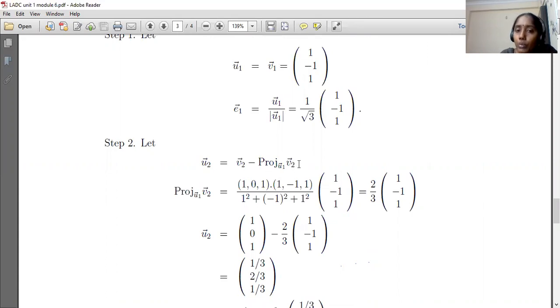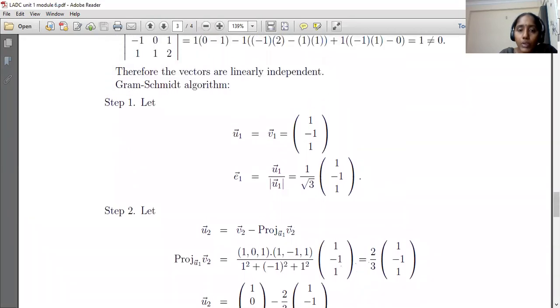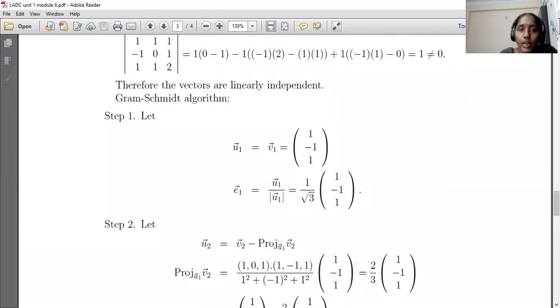It is V2 dot U1 by the modulus of U1 square, into U1. What is our V2? V2 is given as 1, 0, 1. So 1, 0, 1 dot U1, where U1 is 1, minus 1, 1, divided by modulus of U1 square.